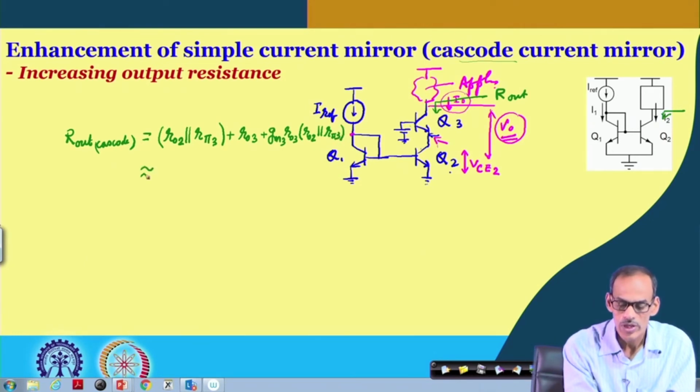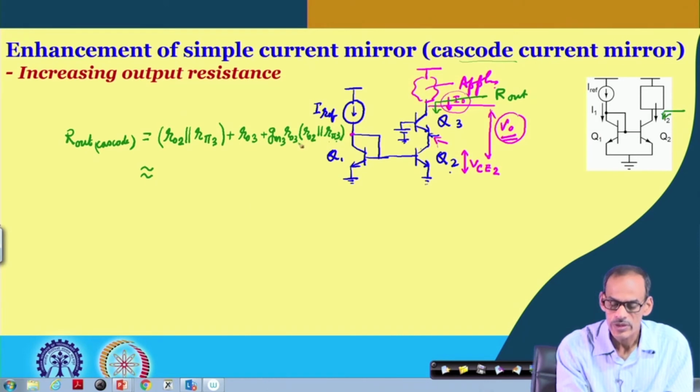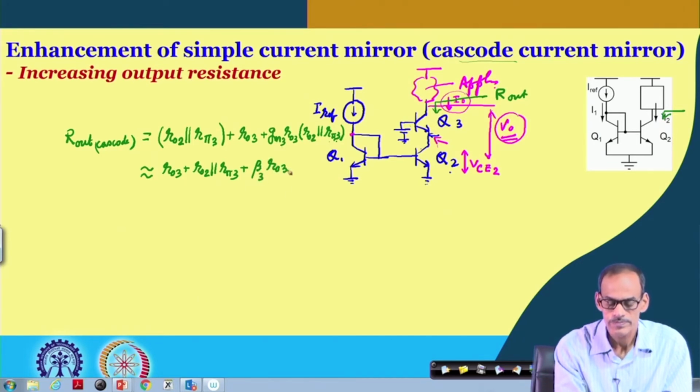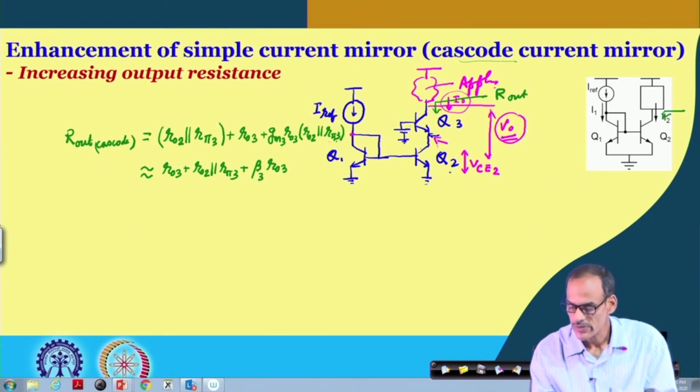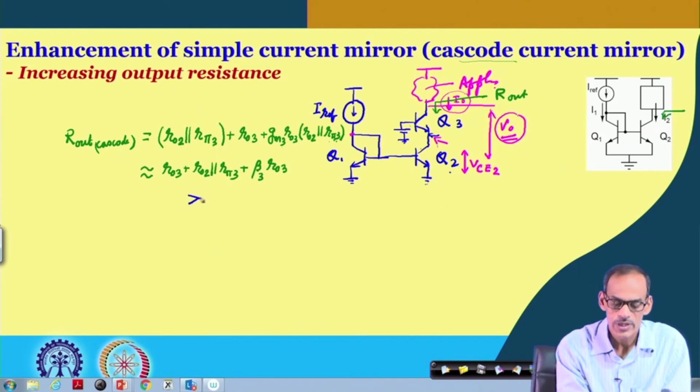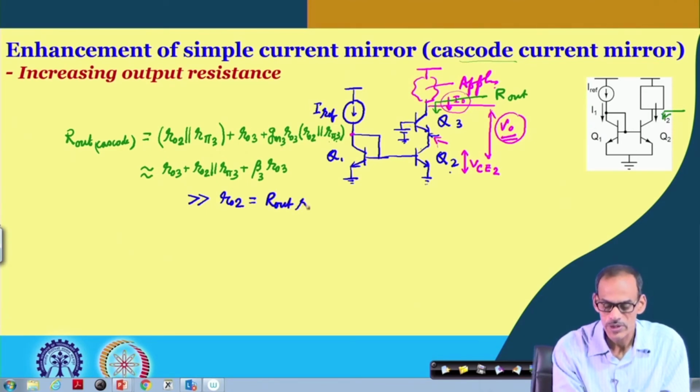In fact, this can be well approximated by R_pi3 here, so this is R_O3 plus R_O2 in parallel with R_pi3, and this part g_m times R_pi3 is beta 3, so we get beta 3 times R_O3, which is definitely much higher than R_O2, the output resistance of the simple current mirror.